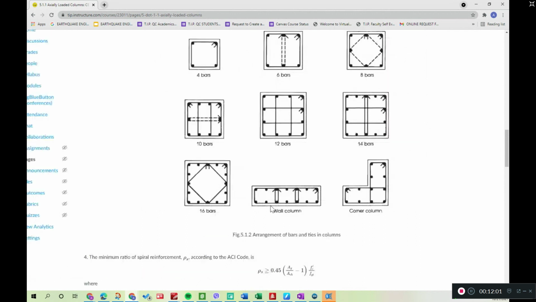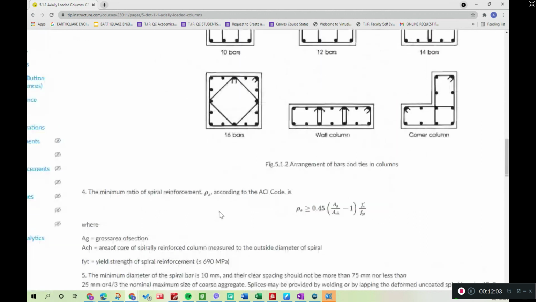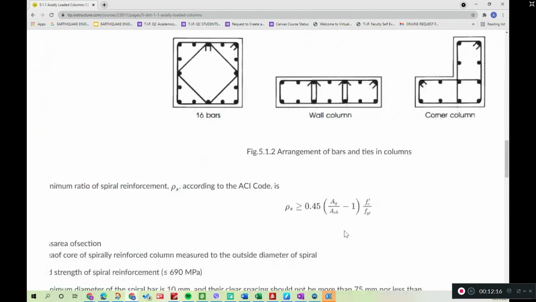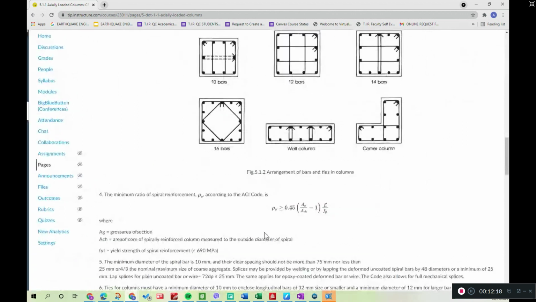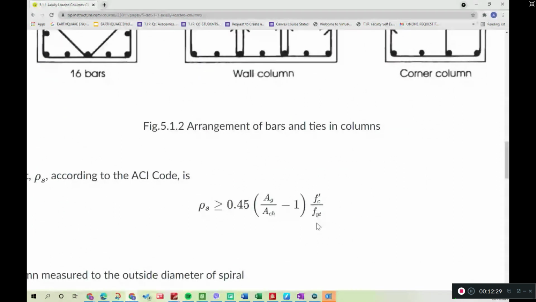So arrangement of bars, then the minimum ratio of spiral reinforcement rho s according to the ACI code must be greater than 0.45 times the quantity Ag over Ach, where Ach is the area of the core of the spiral column measured to the outside diameter of the spiral, minus one, then f prime c divided by fy transverse.